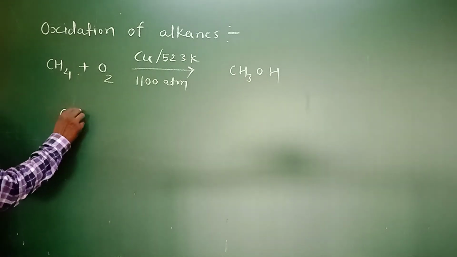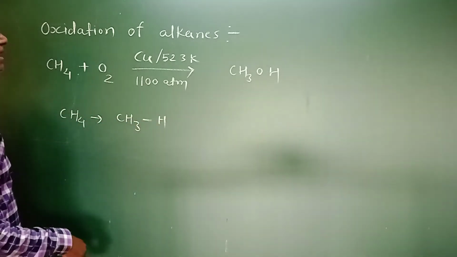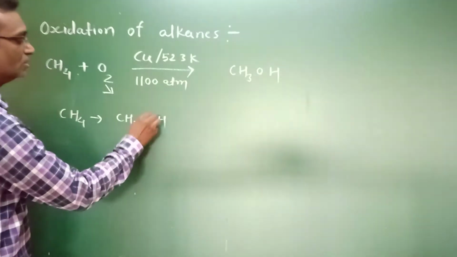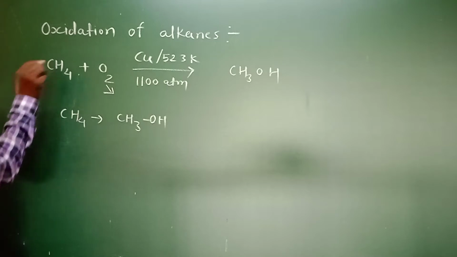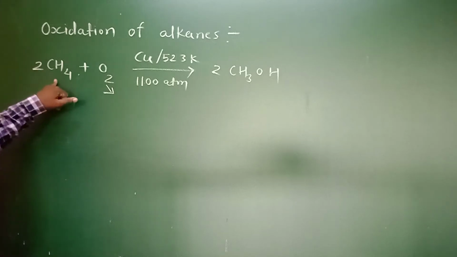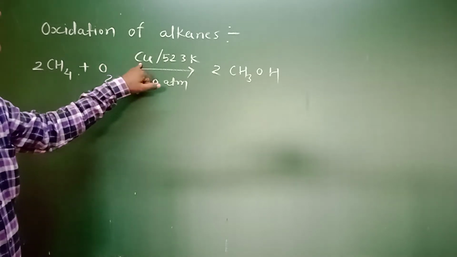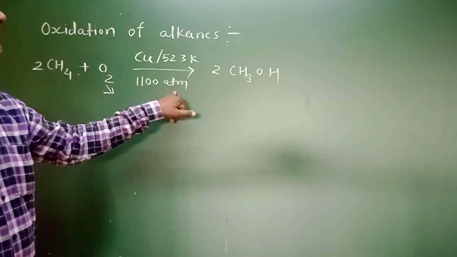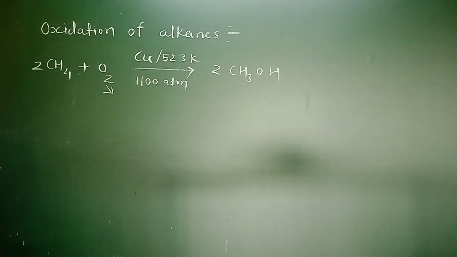We can write CH4 as CH3-H. One of the oxygens from this O2 gets added to the carbon-hydrogen bond and gets converted into CH3OH. Therefore, this should be multiplied by 2 here. In such a way, if excess methane is oxidized using oxygen in the presence of copper at temperature 523 Kelvin and 1100 atmospheric pressure, it gets converted into the corresponding methyl alcohol.